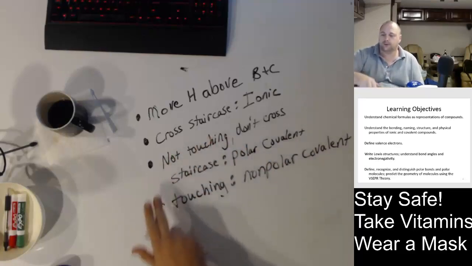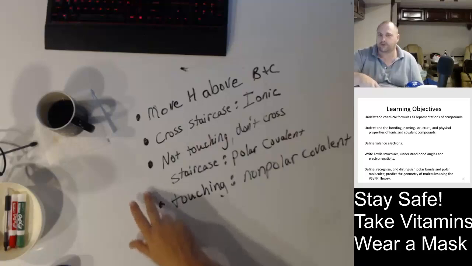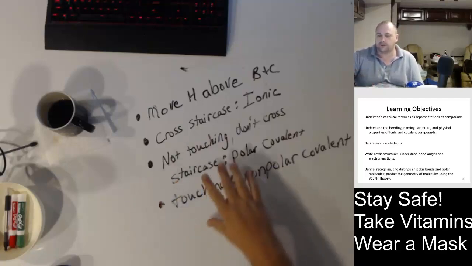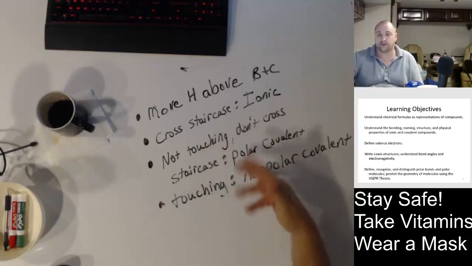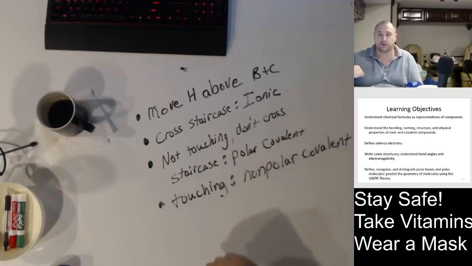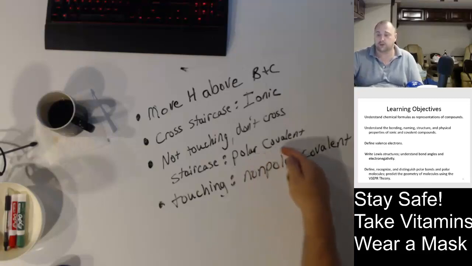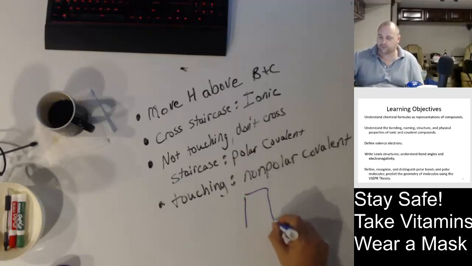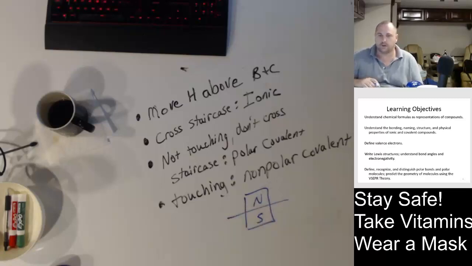Okay. Then when you get down here, we don't have those terms anion and cation. And so if we're not crossing that staircase, they're either going to be touching or not touching. If they're not touching, they're polar covalent. Unequal sharing. That idea of polar comes from a magnet, and you can draw a line and separate the north side and the south side.